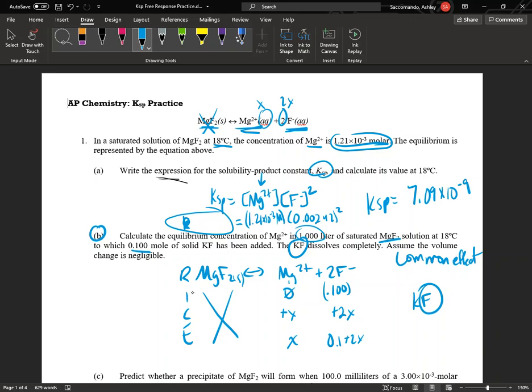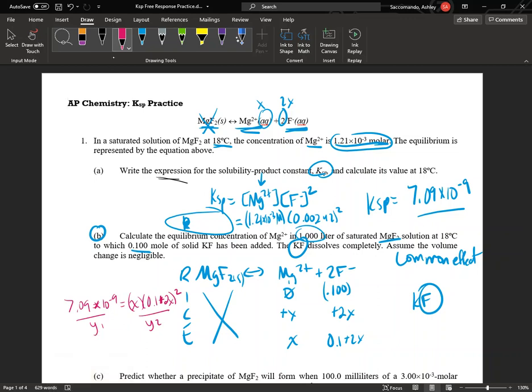Now, since we already know our KSP up here, we can now solve. Times 10 to the minus 9 is going to be X times (0.1 plus 2X) squared, right? Now you can graph this. You can put this in as Y1 or you can put this in as Y2.